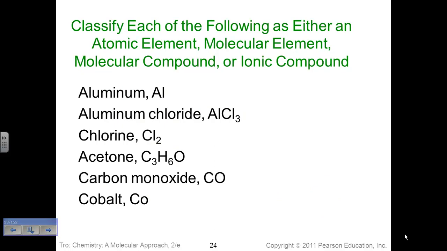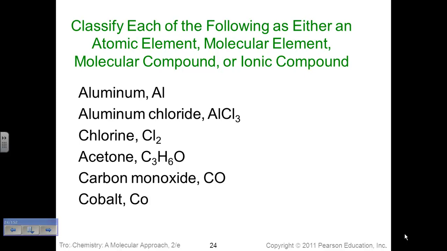Let's classify each of the following as either an atomic element, molecular element, molecular compound, or ionic compound. Take a moment and let me just review those definitions, and you'll pause the video and jot your answers, and then we'll check together. An atomic element is one existing in nature as a single atom of one element.